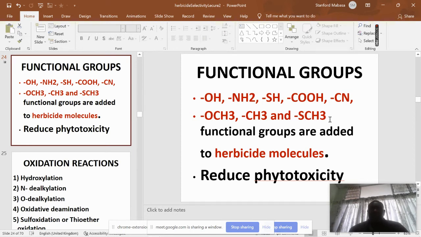These are some of the critical groups which we call functional groups. So if we are able to identify functional groups on a complex molecular structure of the herbicide, we may be able to tell how that herbicide is going to break down.